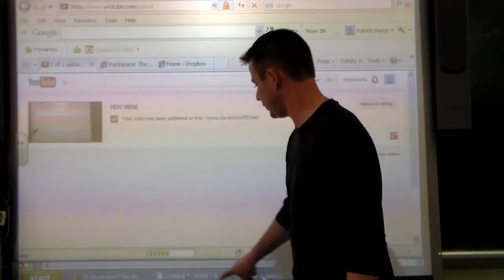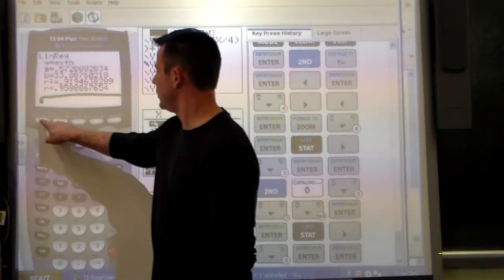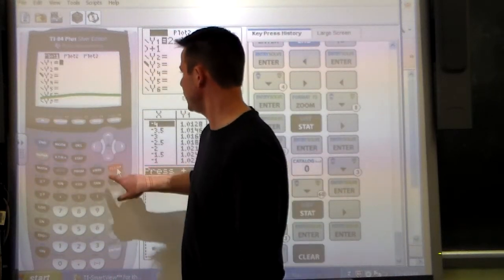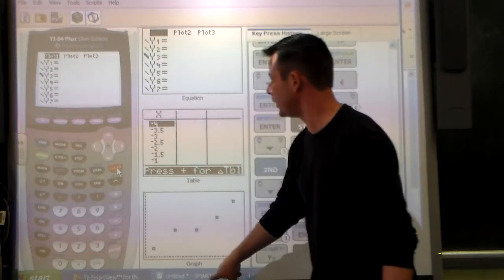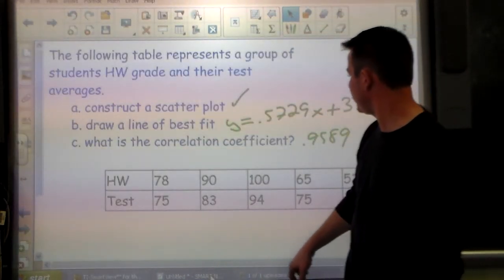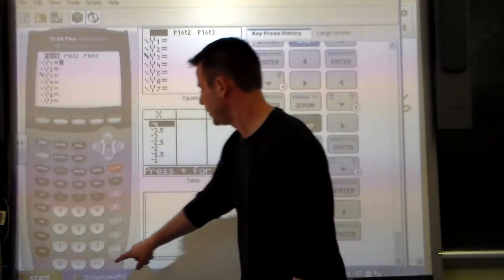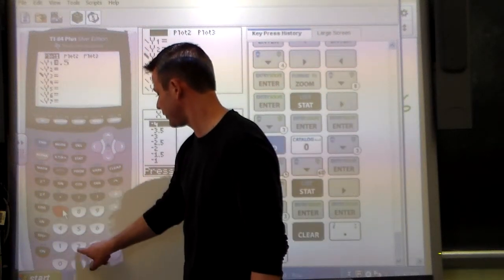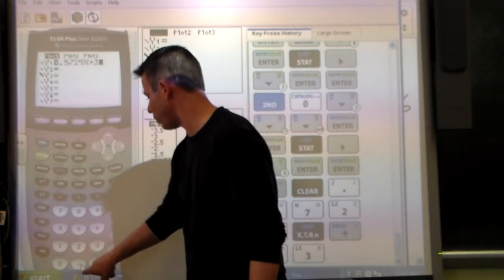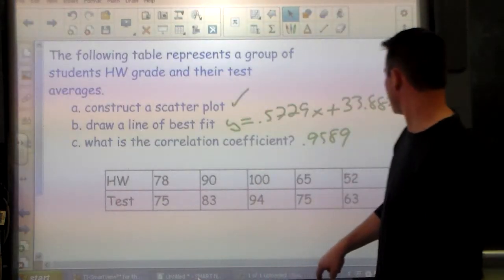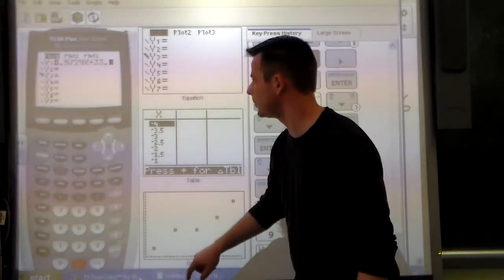So put it into your y equals. Window, y equals. Let's clear that out. And my y equals should read 0.5729x plus 33.8876.